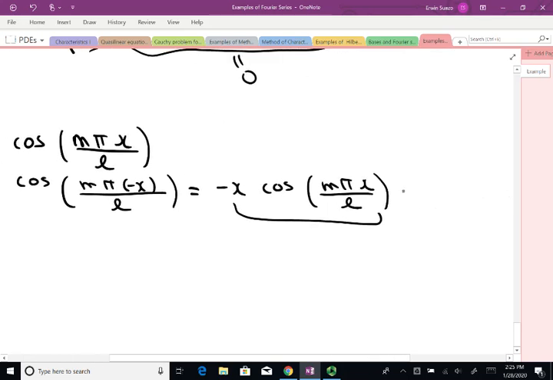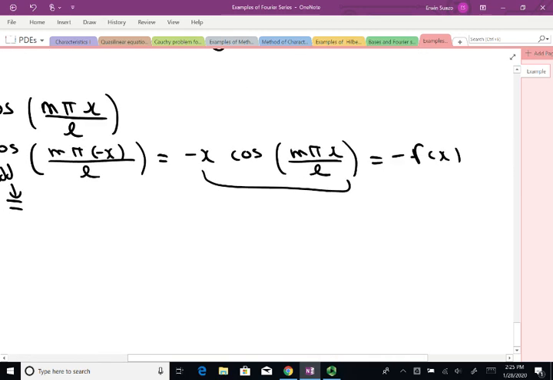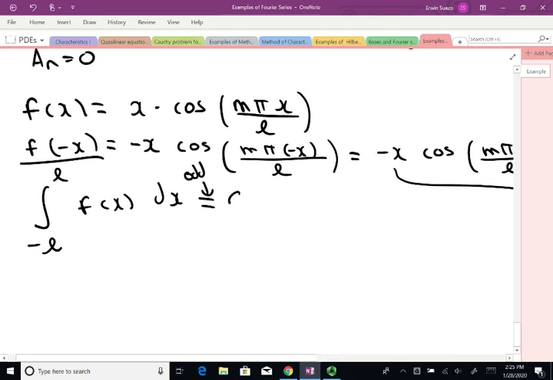So this equals minus f of x. So when you have an integral between minus L and L of f of x dx, and this function is odd, that's the definition of odd, f of minus x is minus f of x, then this integral is 0. Okay, so you could save a lot of time if you do that.